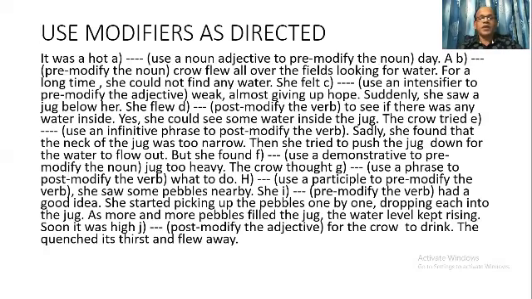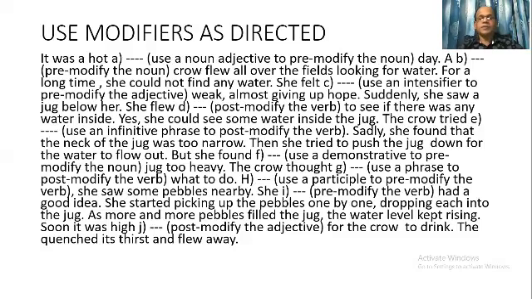Then number E. The crow tried. Use an infinitive phrase to post modify the verb. The crow tried is a verb. How did the crow try?